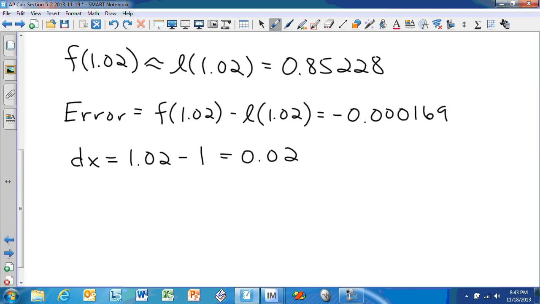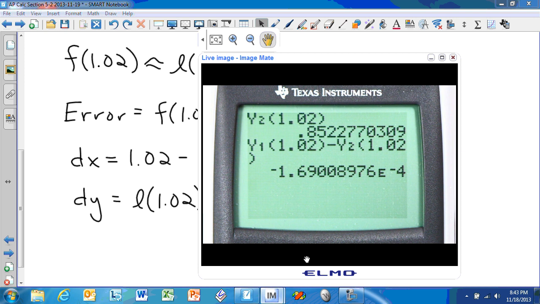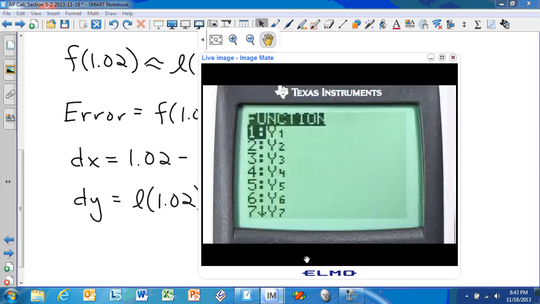And then they also ask for dy. So dy is the change in the y values on my linear function. So that's going to be L at 1.02 minus L at 1. And again, I'm going to use the calculator to help me do that. So function L is y2.